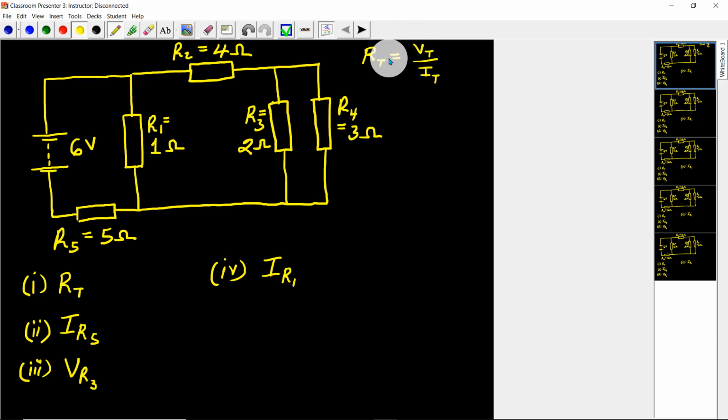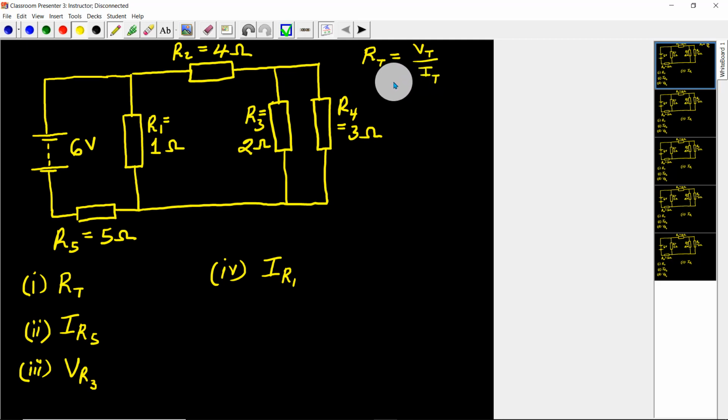Let's find out what is provided. I've been provided with the total voltage, but the total current is not provided. In fact, it is asked for somewhere around here. So I abandon that route. It may not be the best route to follow.